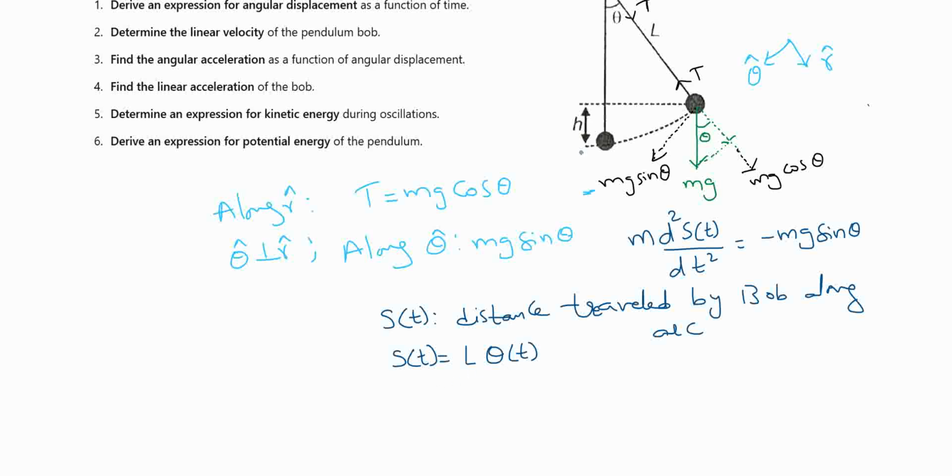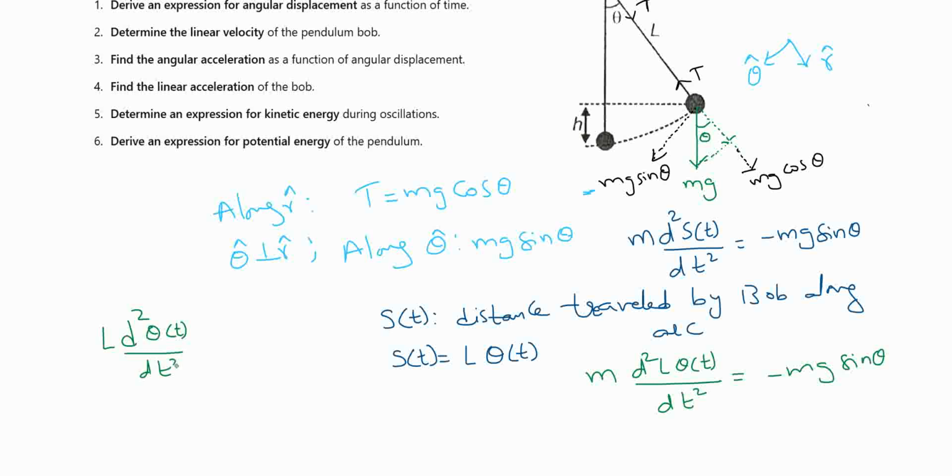Now when we substitute this into the equation, we get m L d squared theta of t by dt squared equal to minus mg sin theta. L is a constant, so taking it outside, d squared theta of t by dt squared equal to minus g sin theta.